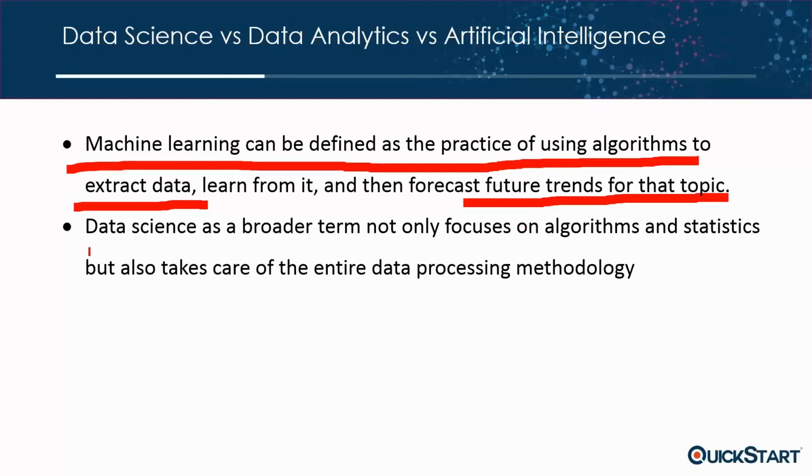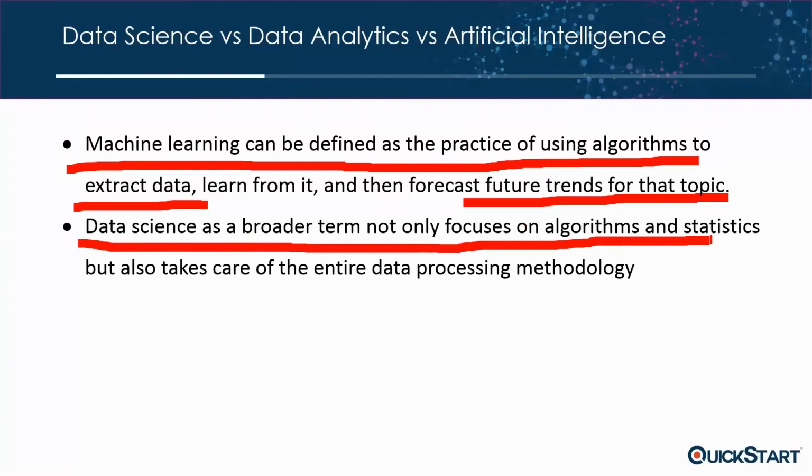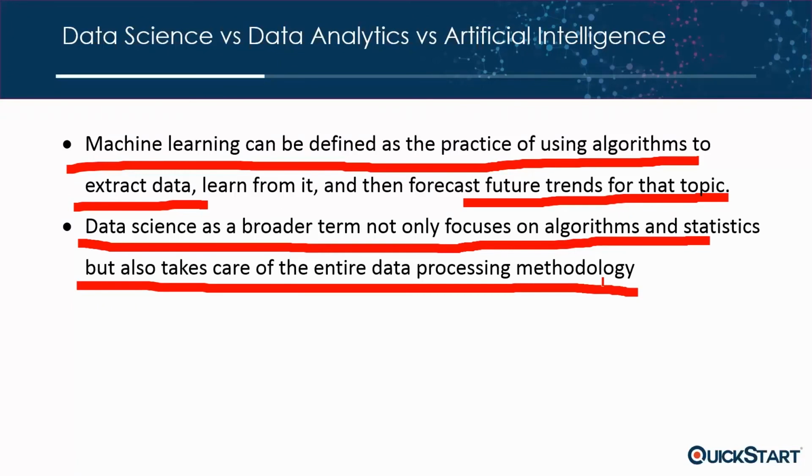Now, when it comes to data science, it's a broader term. It's not just algorithms and statistics, but it's the whole processing method from start to finish. When the user logs in and makes a purchase, that data science process has already started.